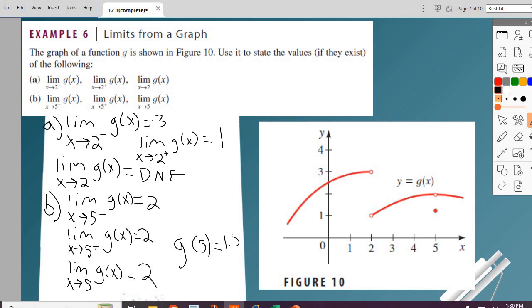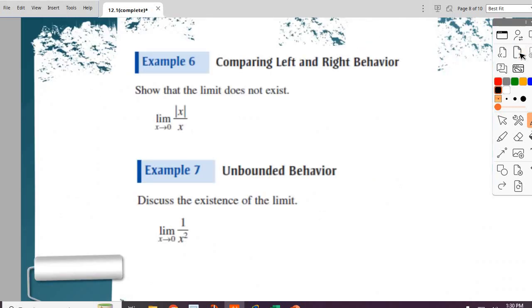Right. Let's look at another interesting one. Okay. Now here, what type of function do we have on this first one? Absolute value. All right. So, what do we have to do when we have an absolute value? We're gonna have to look at two different equations.